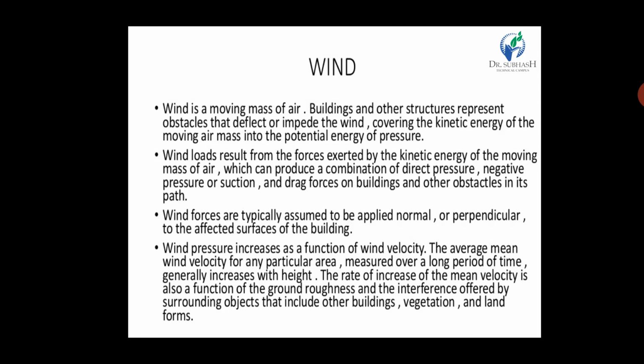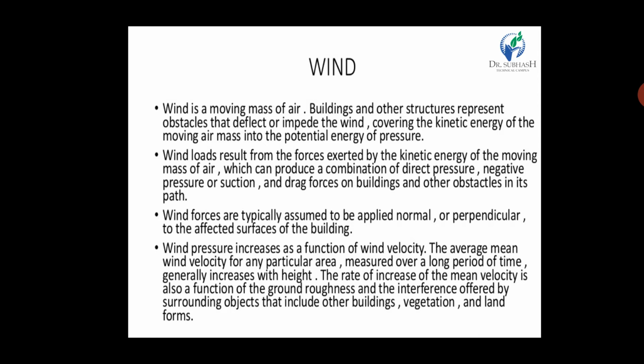The wind forces are typically assumed to be applied normal, that is perpendicular, to the affected surface of the building. Wind pressure increases as a function of wind velocity, and the average mean wind velocity of any particular area, measured over a long period of time, generally increases with height.